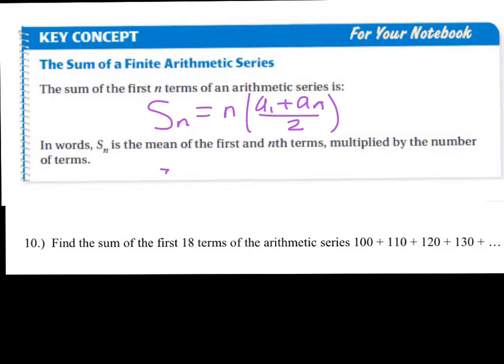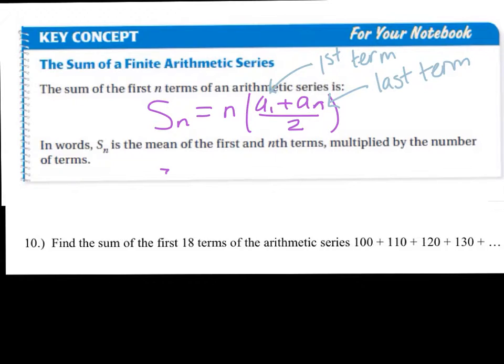Remember, a sub 1 is your first term, a sub n is your last term, and the n is your actual term number. So just remember not to get confused about the term number and the term value. a sub 1 and a sub n are the term values.